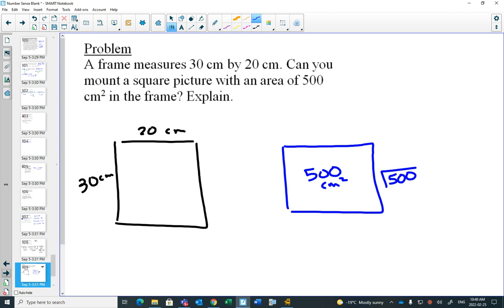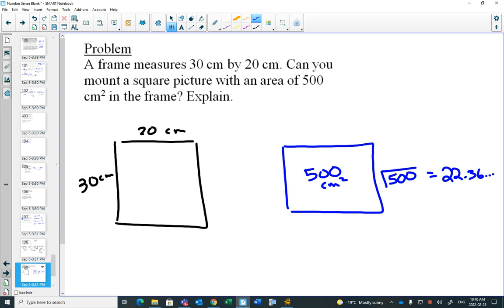We'd have to go to our calculator for that. What's it going to equal? Someone needs a calculator for this one. 21, 22 point something dot, dot, dot.